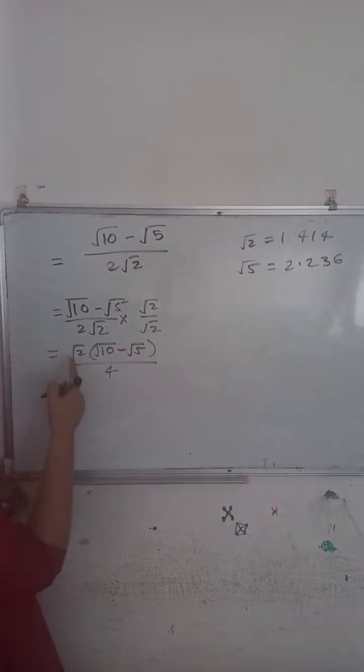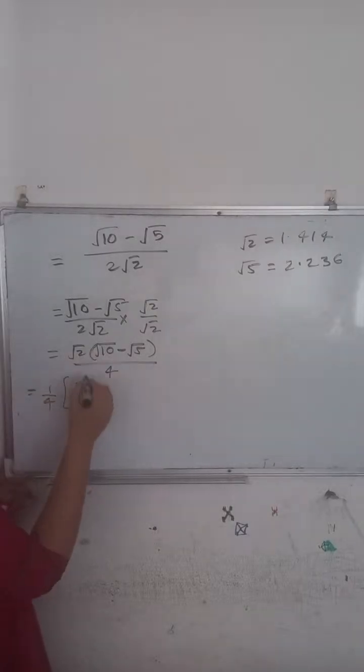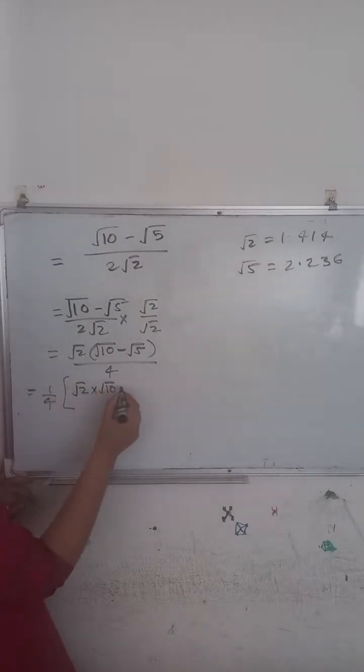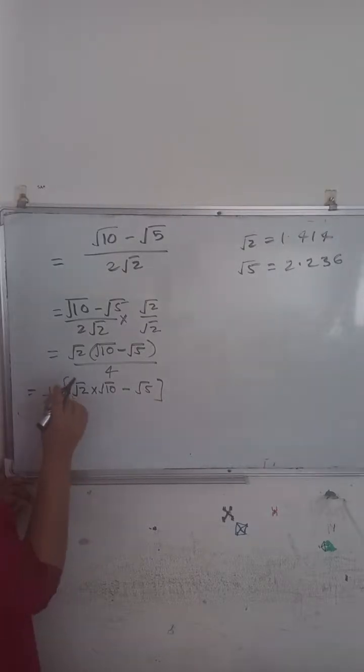Now I keep the 1 by 4 outside: 1 by 4 times root 2 multiplied by root 10 minus root 5. The problem is that I don't have the value for root 10.